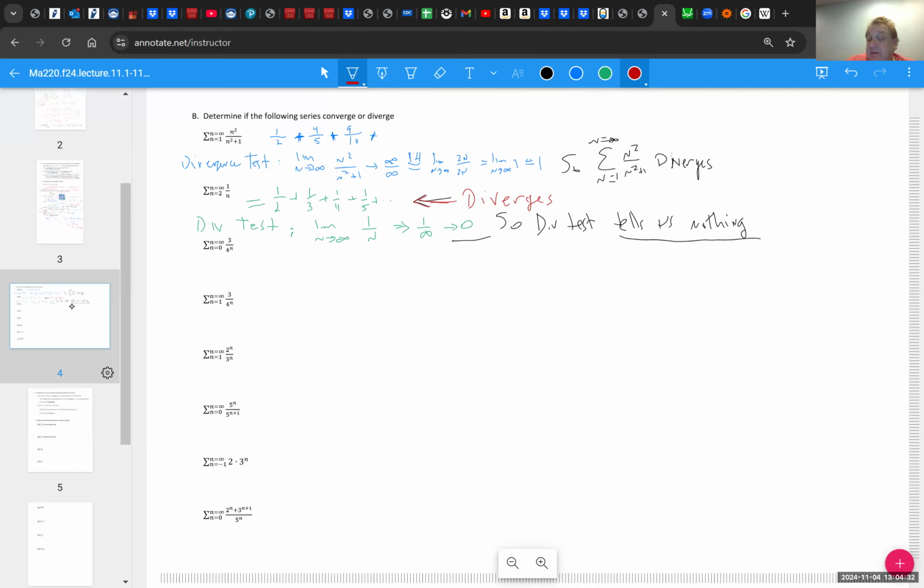And by the way, it is acceptable in the math community to say it diverges because it is the harmonic series. What's the harmonic series? The harmonic series is 1/2 plus 1/3 plus 1/4 plus 1/5. It's very specific. It's not like any random pattern. It's specifically the numbers on the bottom go up by 1 every time.